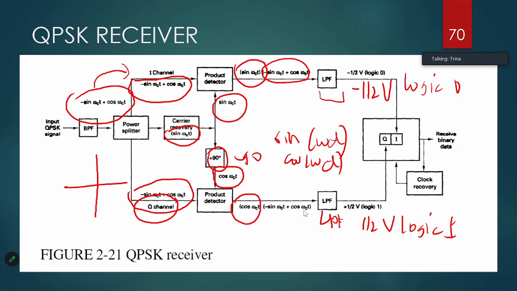Yung process po sana, sir. Oh. So after LPF, we're going to prove that using the product modulator and its input and output: sine omega ct, negative sine omega ct plus cosine omega ct, ang magiging output daw niya ay negative 1/2 volt. Sa kabila naman, magiging positive 1/2 volt. So mamaya, ipoprove natin siya. Okay po, thank you po, sir. Okay.